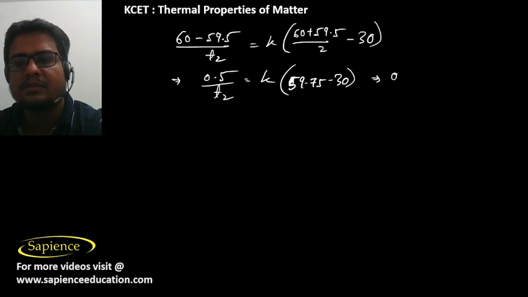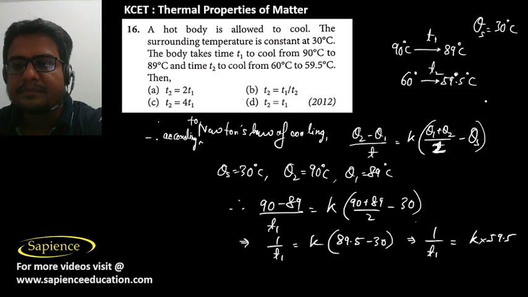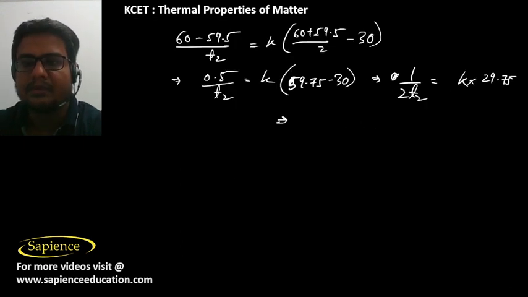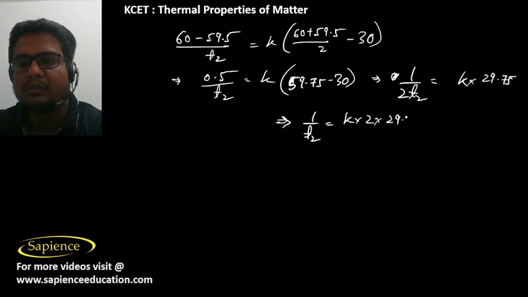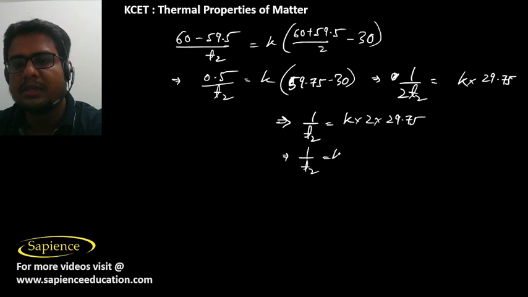So 1 by 2 t2 is equal to k into 29.75. Therefore 1 by t2 is equal to k into 2 into 29.75, so that is k into 59.5.